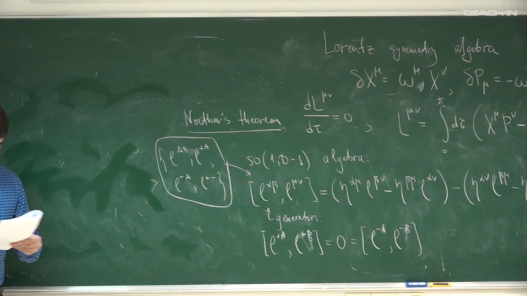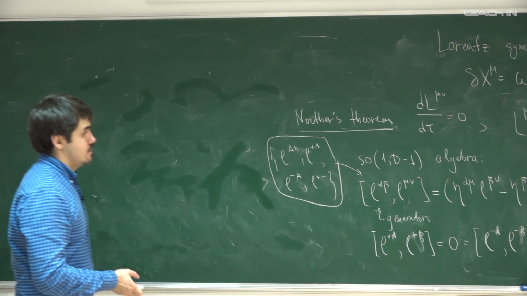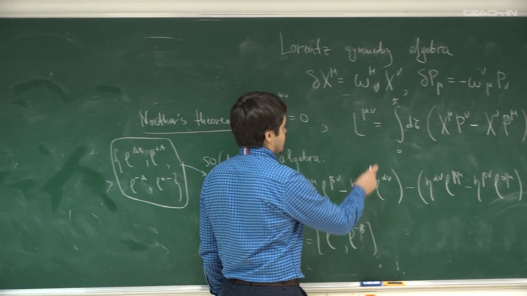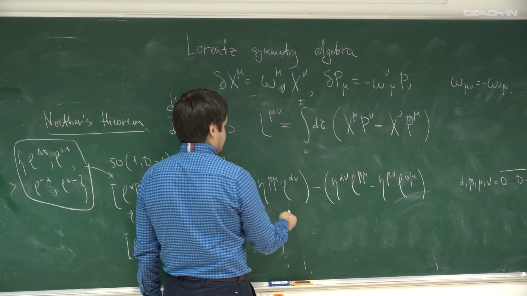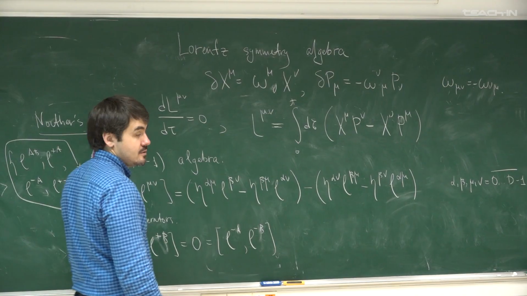Okay, and let's check how those generators look from the point of view of our worldsheet theory. Now in place of small l's, we wish to put capital L's and see what happens.